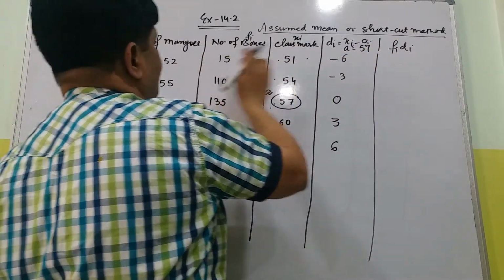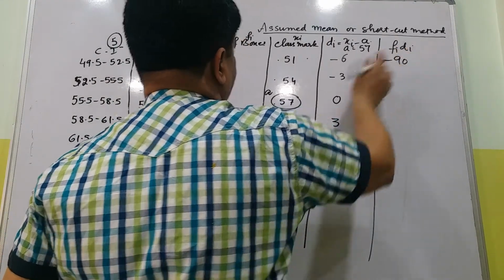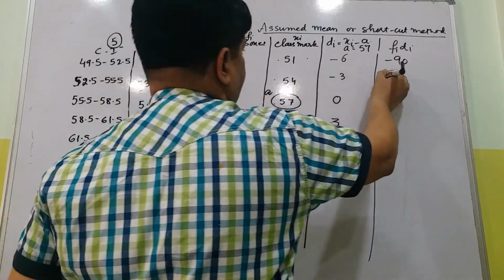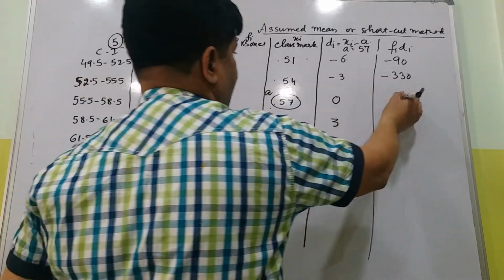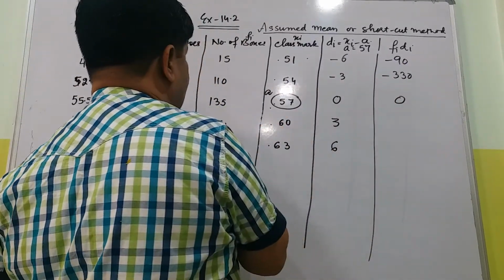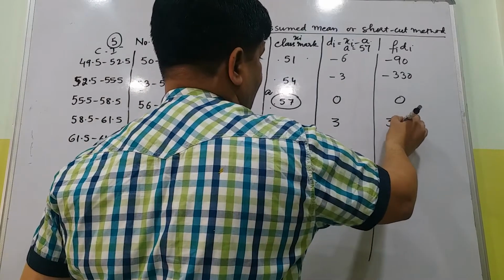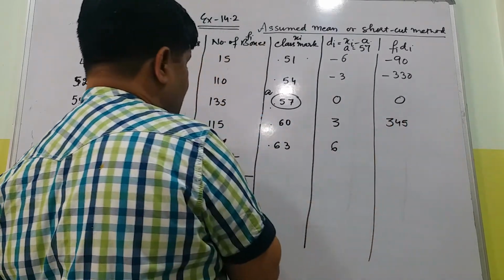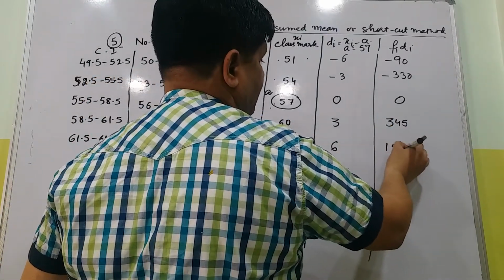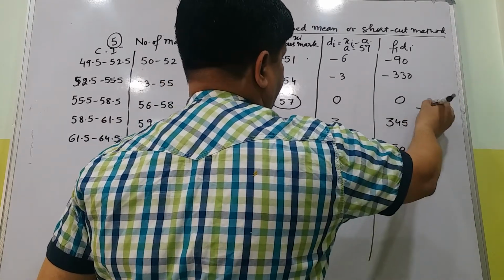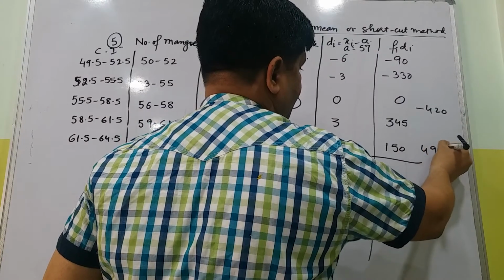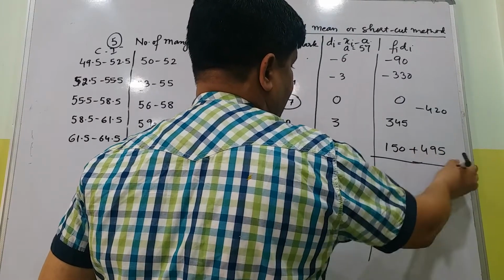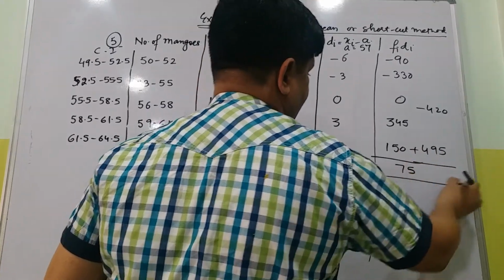Minus 6 into 15, minus 90. Minus 3 into 110, minus 330. 0 into 135, 0. 115 into 3, 345. 6 into 25, 150. Now add the negative terms, add the positive terms, then you subtract them, ultimately the answer is 75.